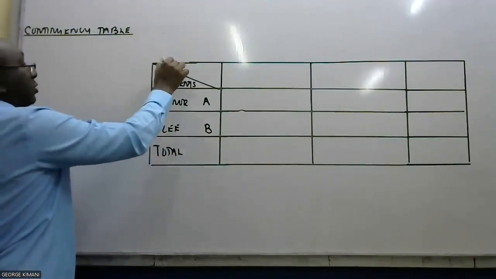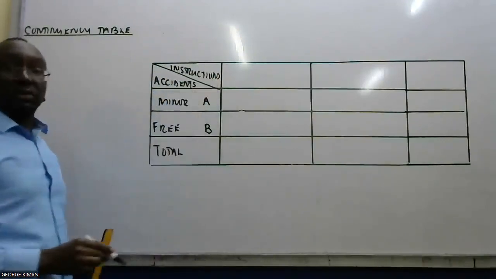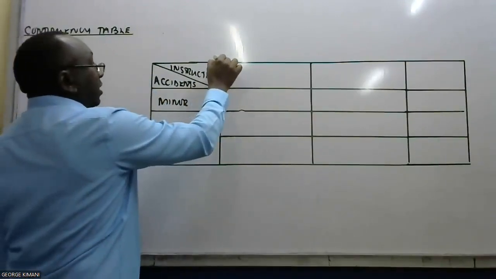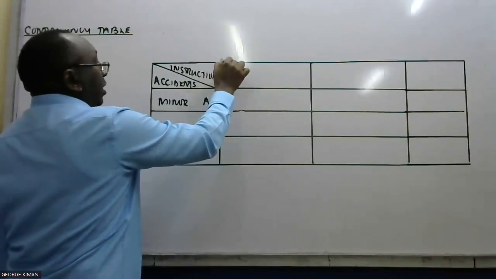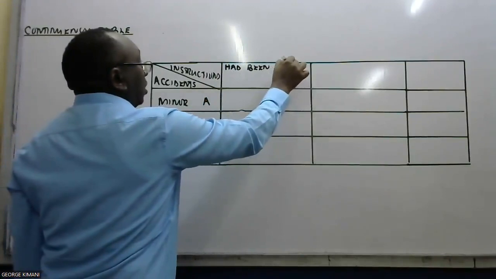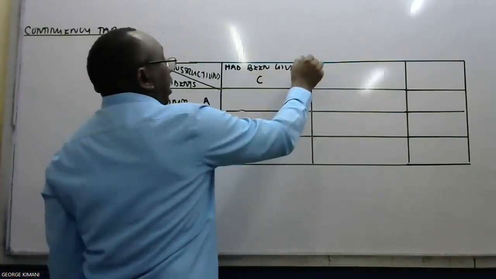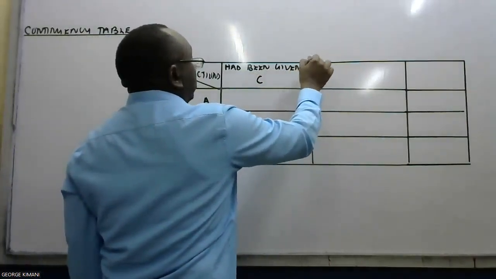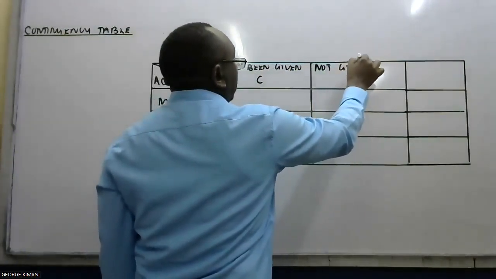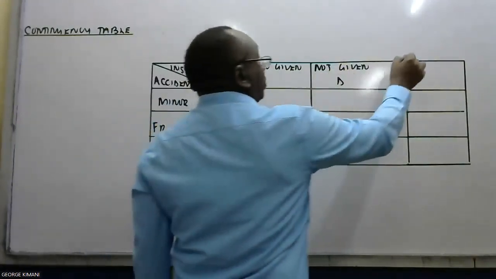Then there is the issue of the safety instructions. There are those who have been given the instructions, I want us to call them C. And those who had not been given, I want us to call them D, so that we have the total here.